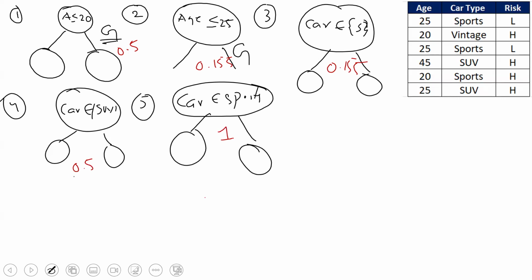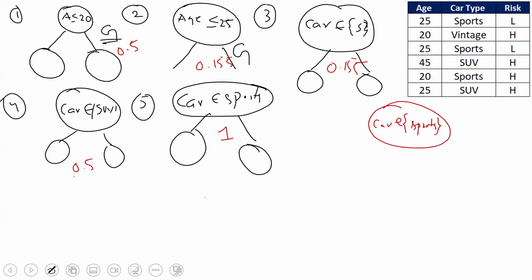So now look at the highest information gain. That has to be taken as the root node. The node which has the highest information gain will be taken as the root node. So now this would be the highest information gain, and the root node will become car belongs to sports. These are not exact calculations.